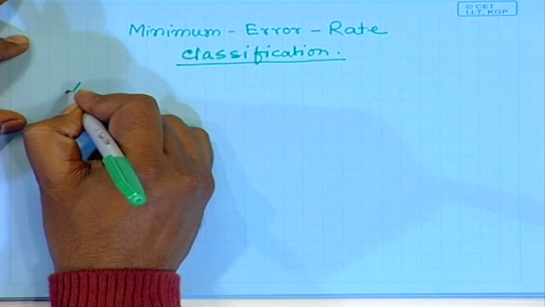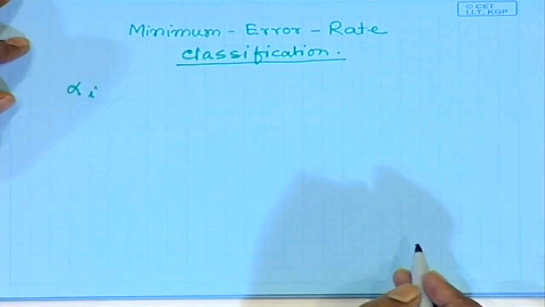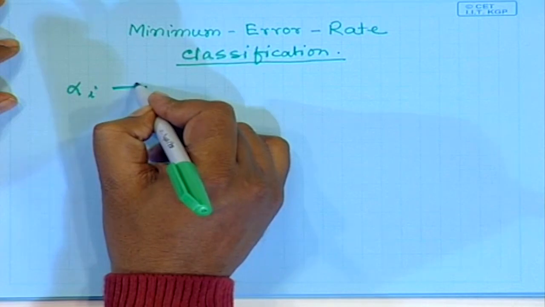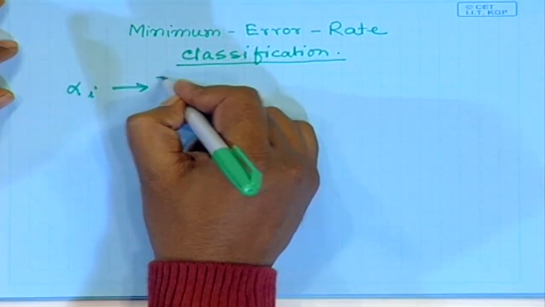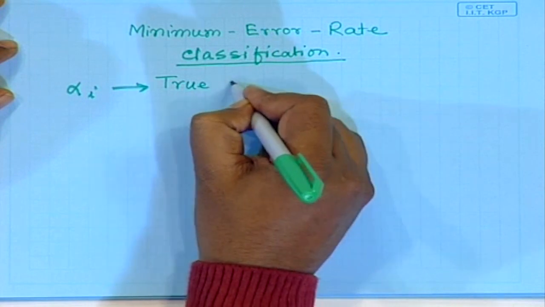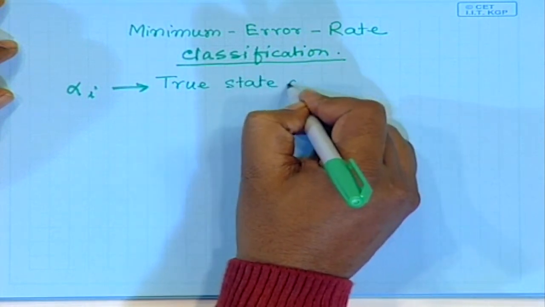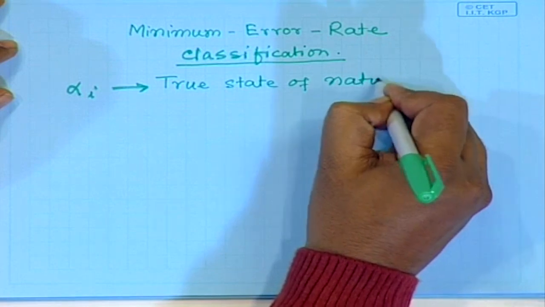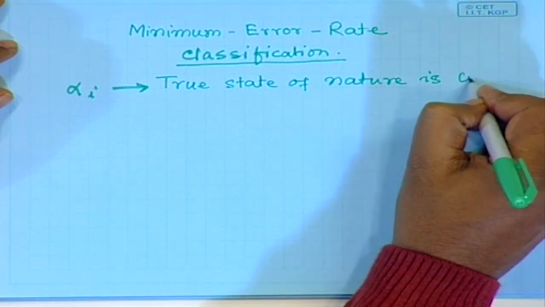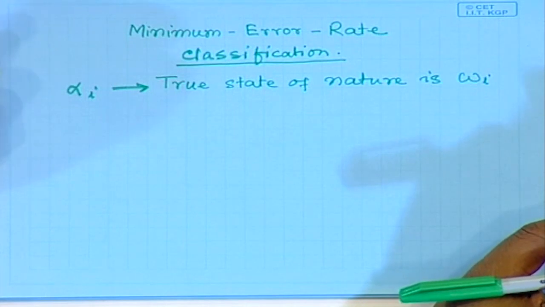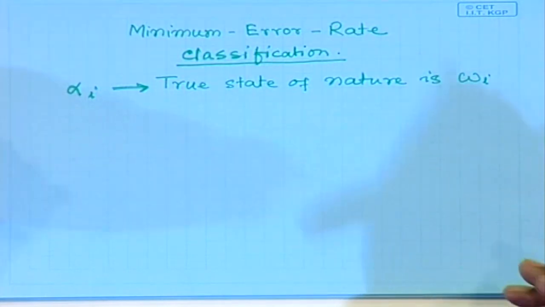So, what is this minimum error rate classification? Okay. So, we said that if I take an action alpha i, that means I am taking a decision that the true state of nature is omega i. That is, alpha 1 means the true state of nature is omega 1, alpha 2 means the true state of nature is omega 2, and so on.